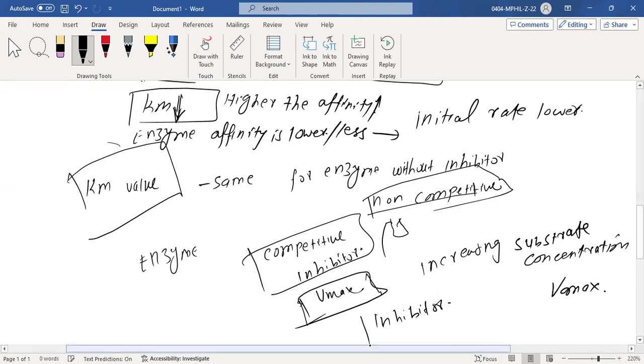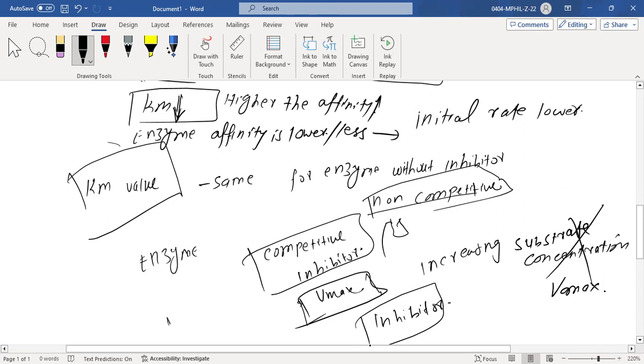But if you have an inhibitor, right? So an enzyme with a competitive inhibitor has a different Km value but the same Vmax as compared to the enzyme without inhibitor.